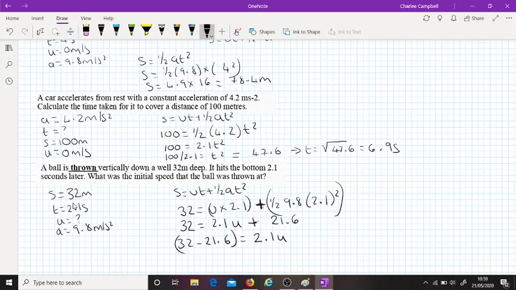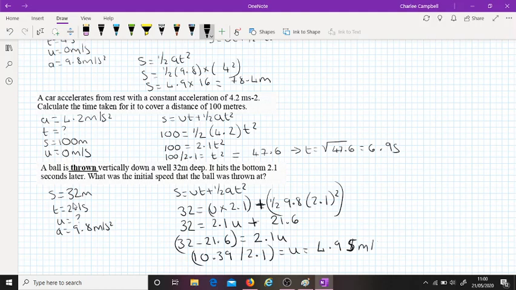So we end up with 10.39 divided by 2.1 gives us U, which is 4.95. What are we trying to work out?